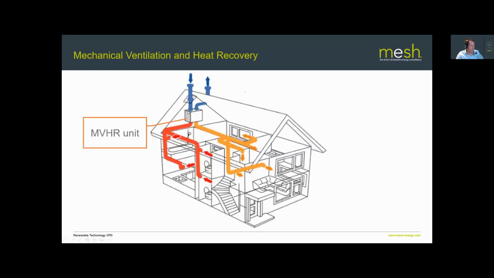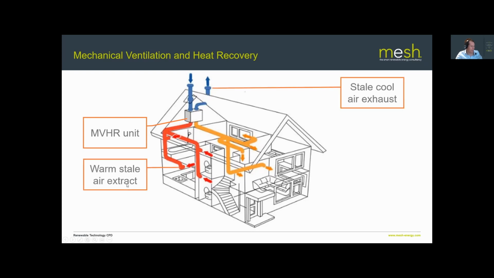Well, at the center of the whole system is this unit in the middle, an MVHR unit, which is a big box. This will tend to sit up in the loft, or quite often it will sit in a utility room. But that box has two fans, a heat exchanger, and some filters in it.